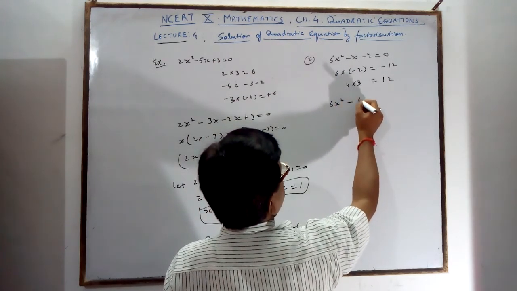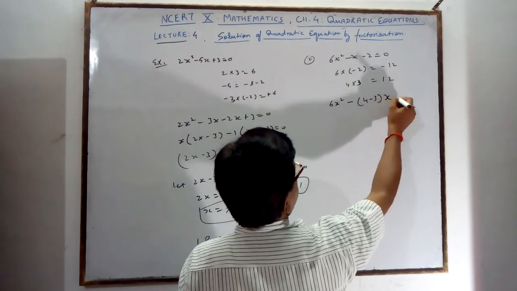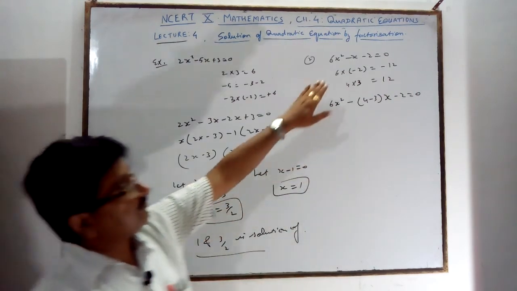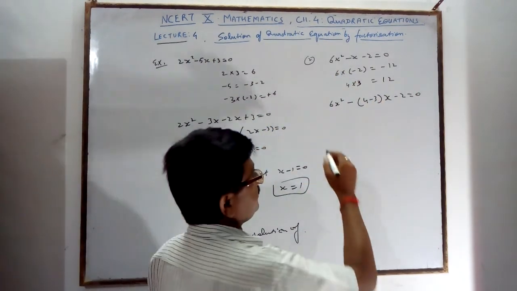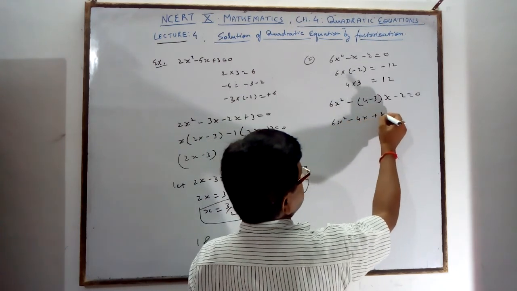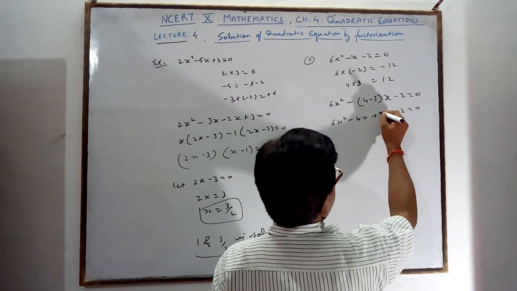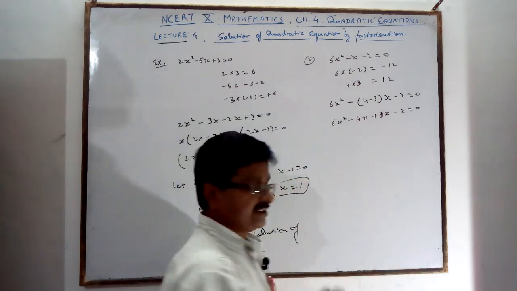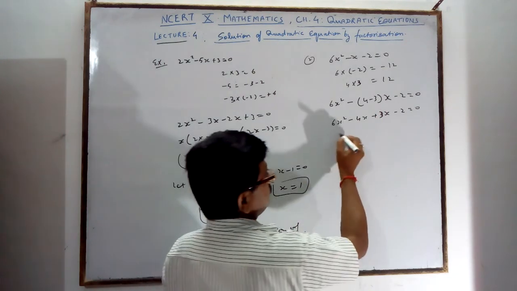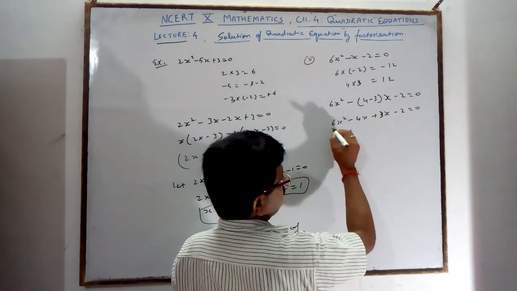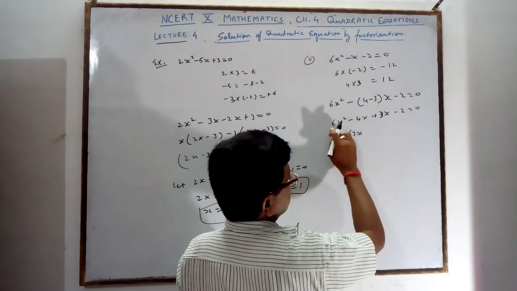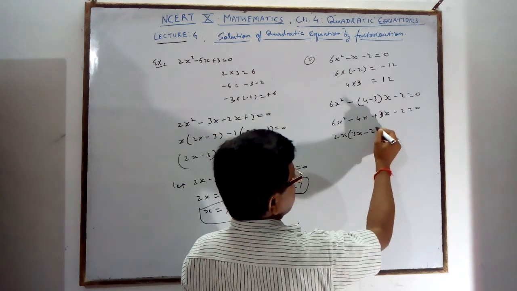So 6x square minus x minus 2 is equal to 0. In the place of x you write 4 minus 3. Open the bracket: 6x square minus 4x plus 3x minus 2 is equal to 0. It is a very common thing, middle term factorization. 2x common from the first two terms, 3x square... 2x into 3x minus 2.